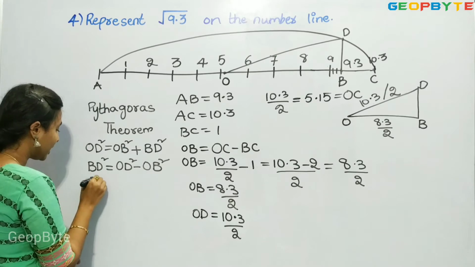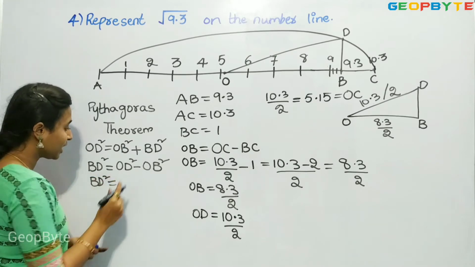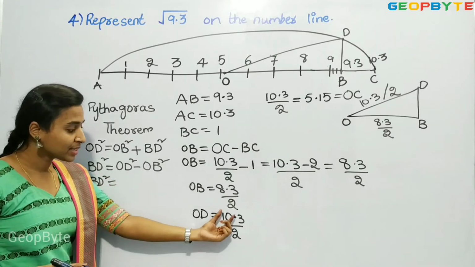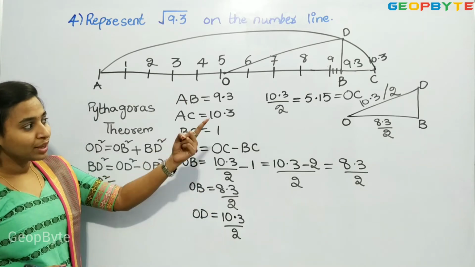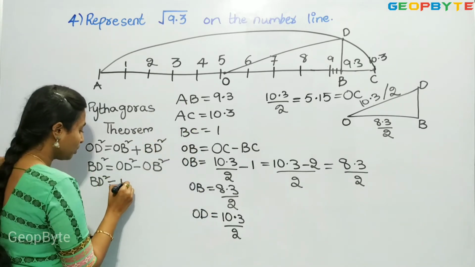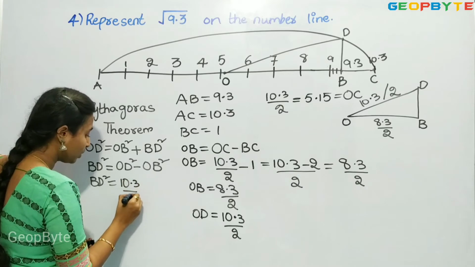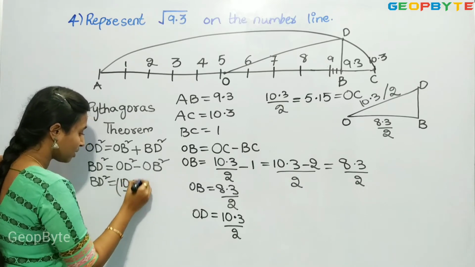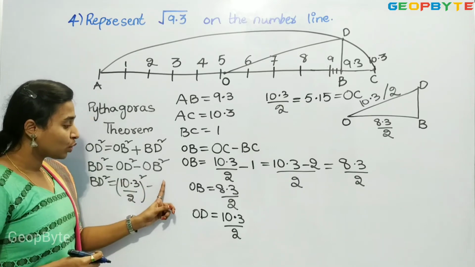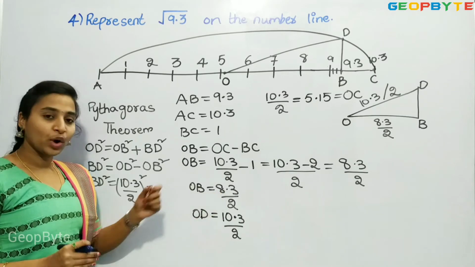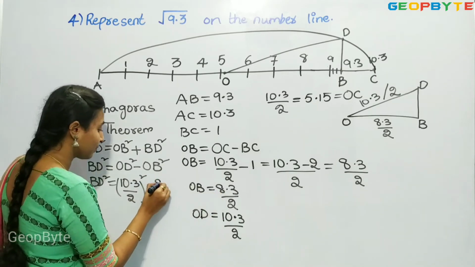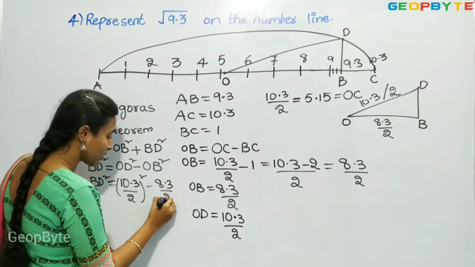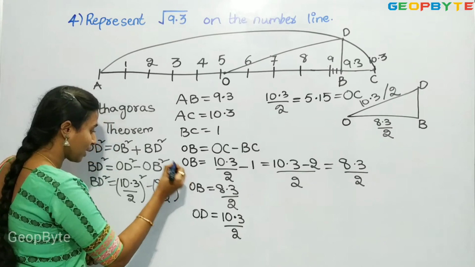Now BD square is equal to 10.3 by 2 whole square minus 8.3 by 2 whole square.